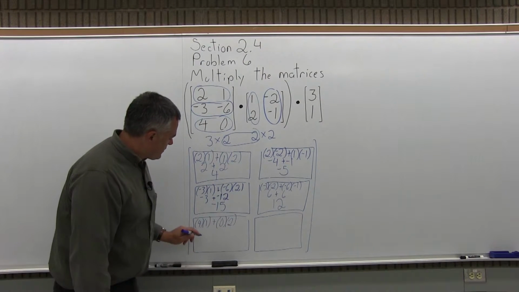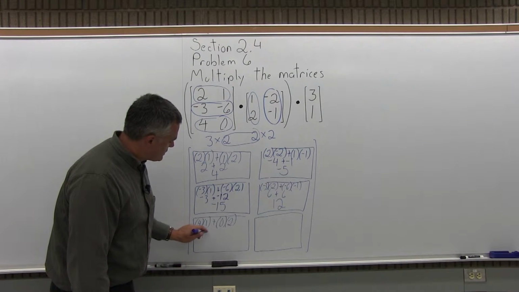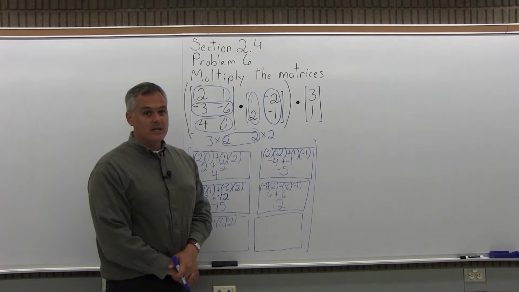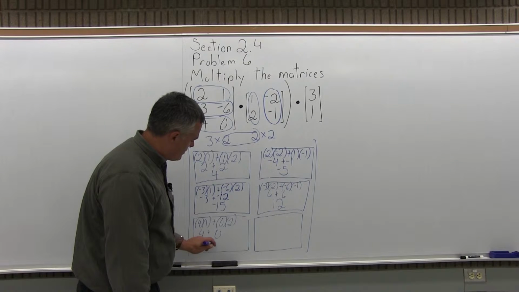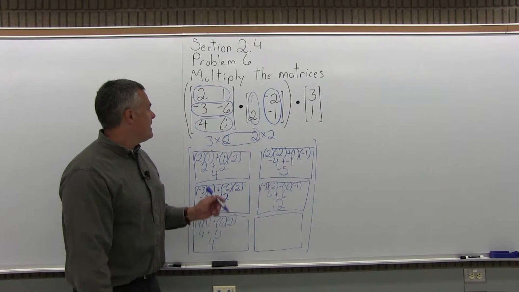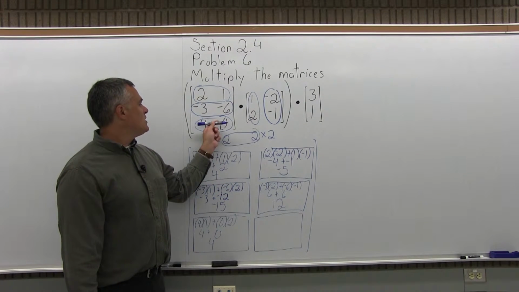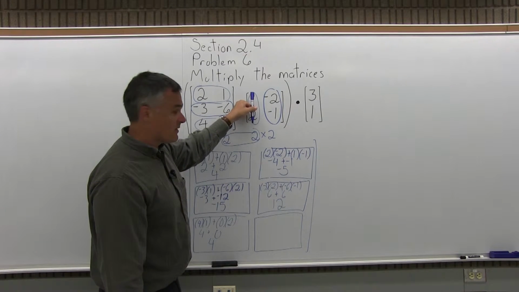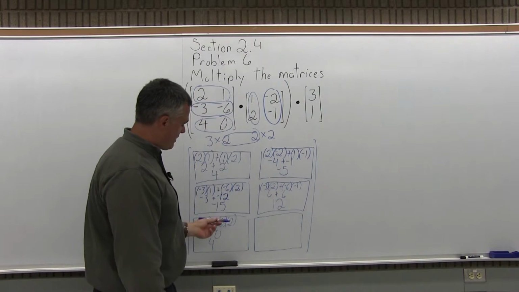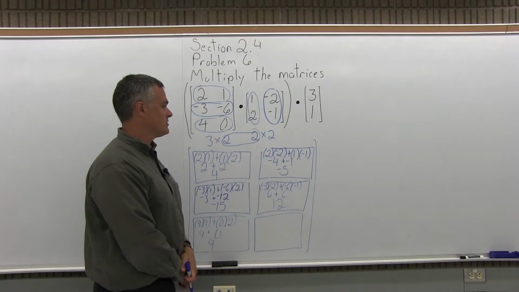And now when you multiply first times first, 4 times 1 is 4, and second times second, 0 times 2 is 0, and when you add 4 plus 0, you get 4. And I put that answer in that spot because I multiplied the bottom row of the first matrix times the first column of the second matrix, and my answer went in the bottom row and first column of my solution.